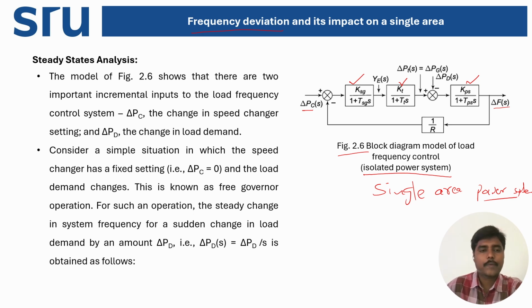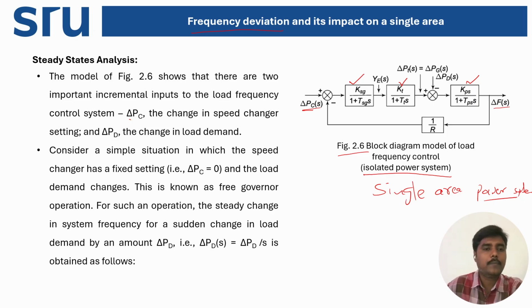Now, for the purpose of doing steady state analysis, we are going to consider a simple situation in which the speed changer has a fixed setting, that is delta Pc of S. Here we have two important incremental inputs for the load frequency control system.